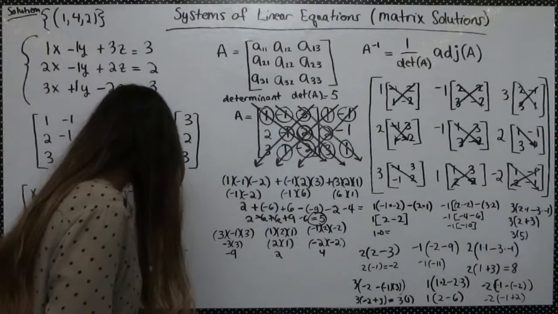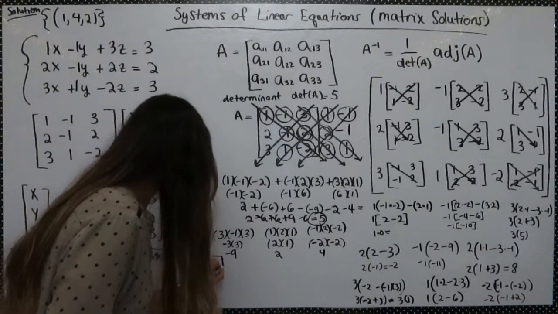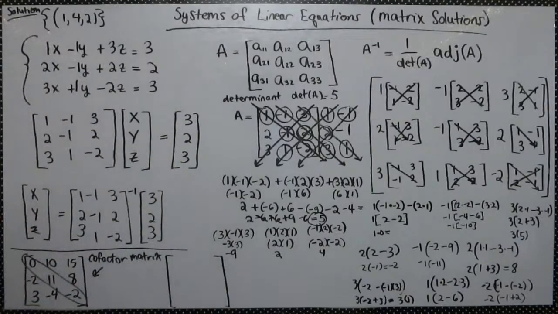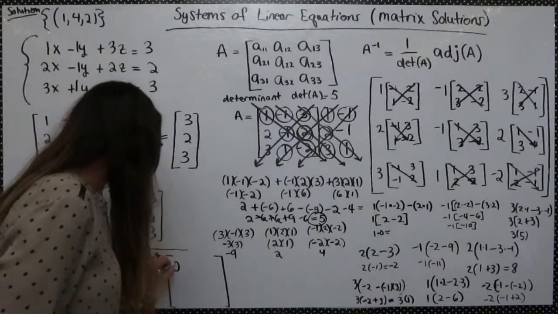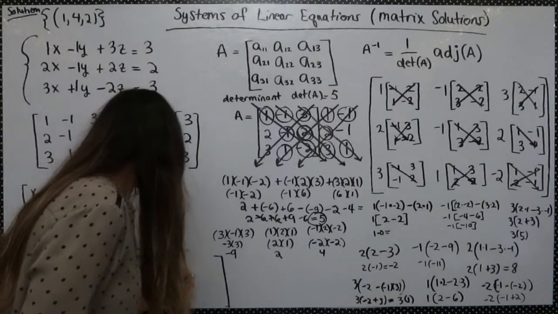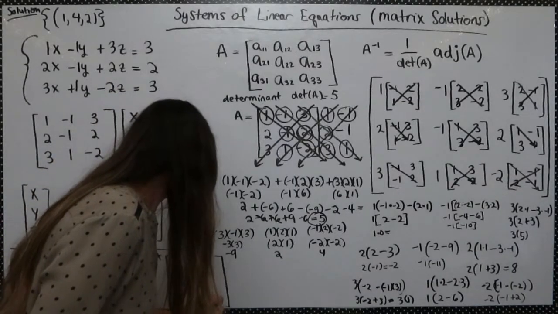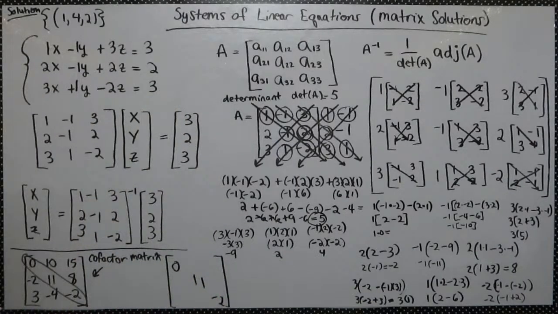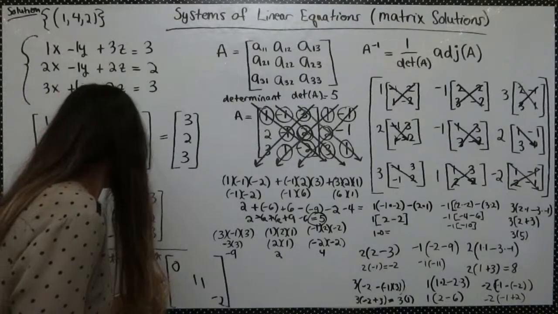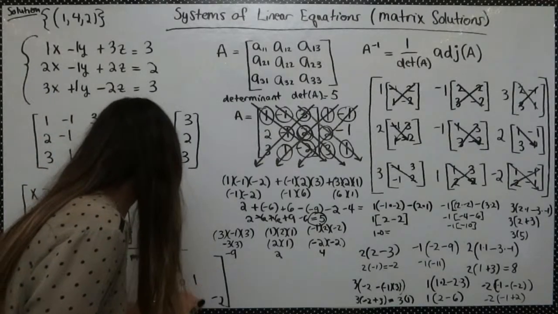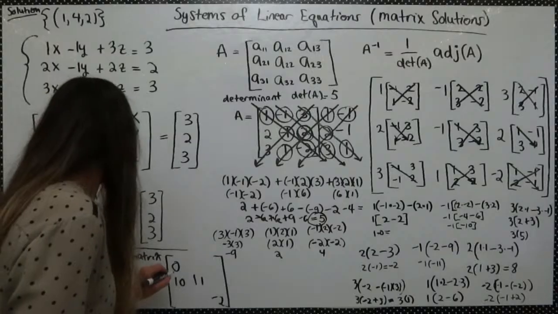So you'll have a new matrix. The result should be the inverse. So we got 0, 11, -2. And then we're swapping out the symmetrical values along the diagonal. So 2 and 10 get switched out. So we'll say 10, that's an 11. And -2.